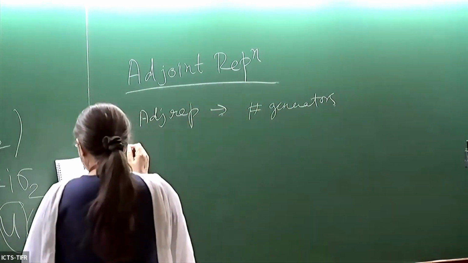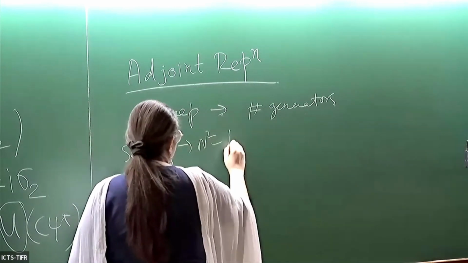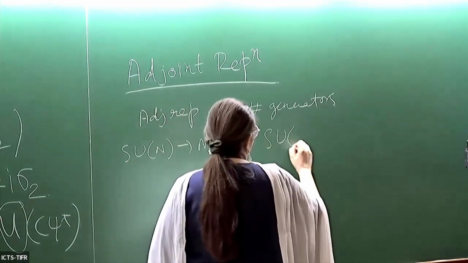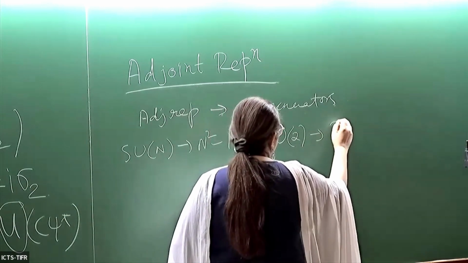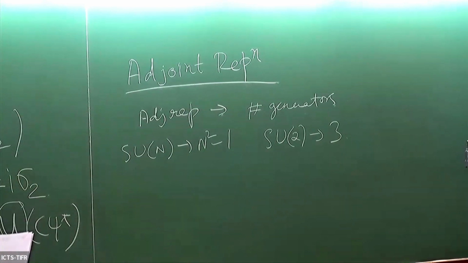So for SU(N), the dimension is N squared minus 1. So for SU(2), it is the 3-dimensional representation, which is the adjoint representation, okay?